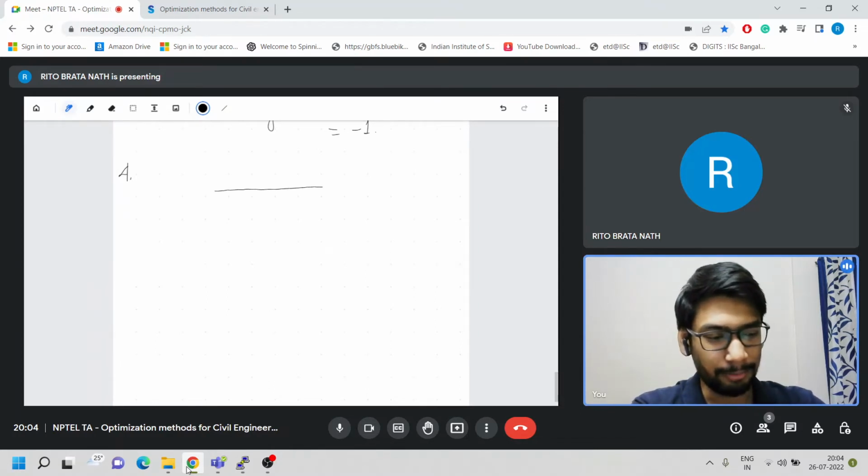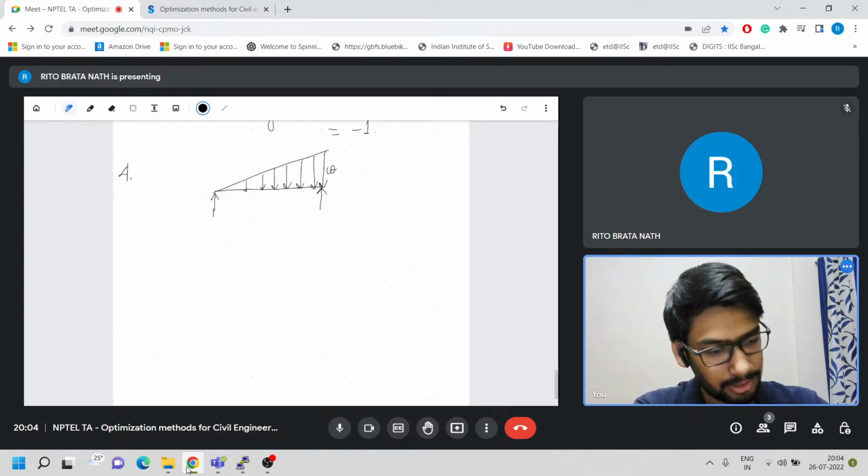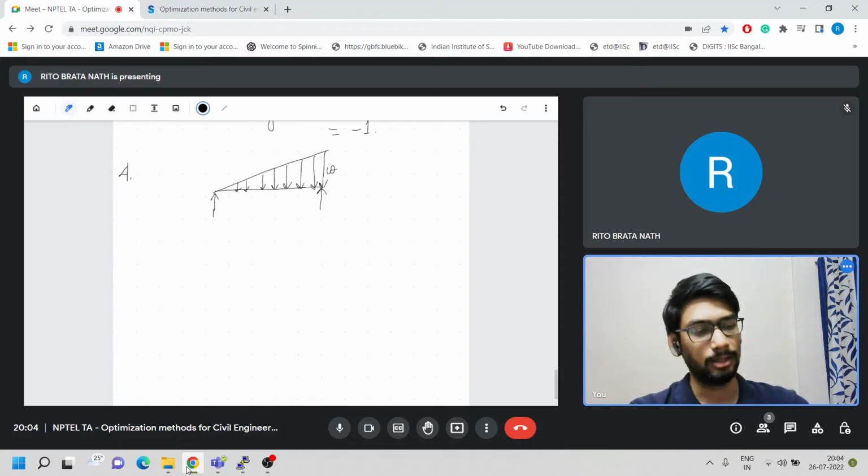So let me draw a simply supported beam, and then you will have a triangular loading here. So this is your W, which is your triangular load that's been coming over this simply supported beam.